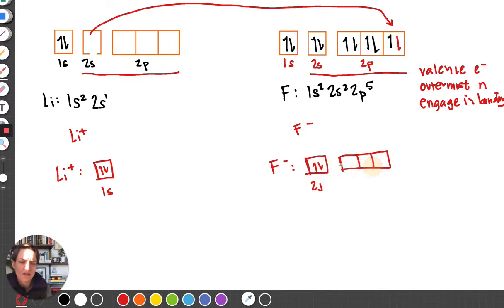Core electrons aren't going to be engaged in bonding. So in doing this transfer, lithium now has the exact same orbital diagram and electron configuration as helium. Fluorine has the exact same electron configuration as neon.